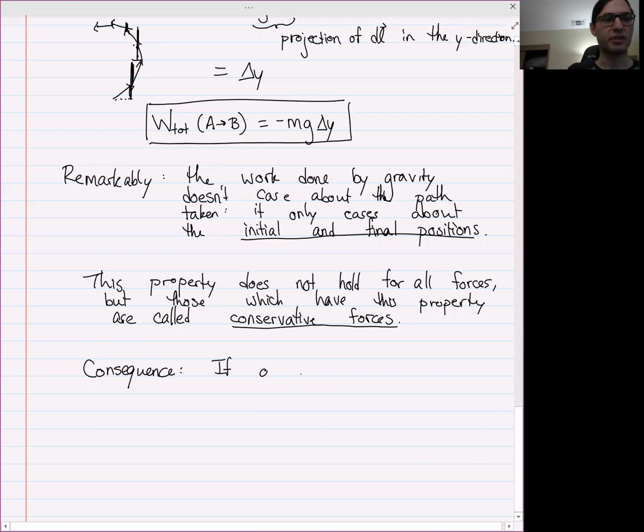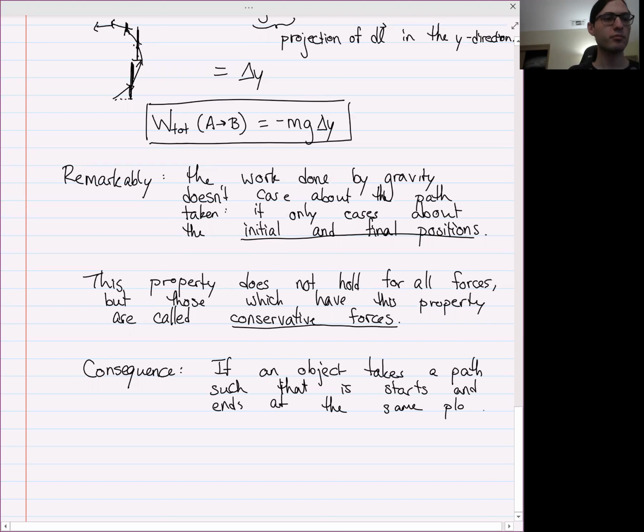If an object takes a path such that it starts and ends at the same place, regardless of the path taken, a conservative force does no work.